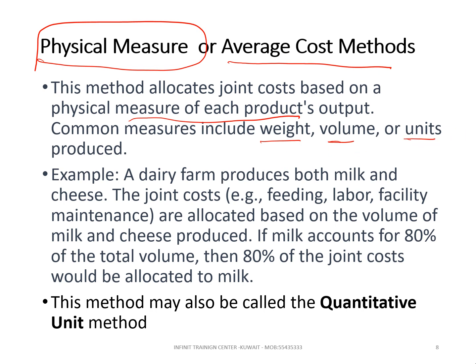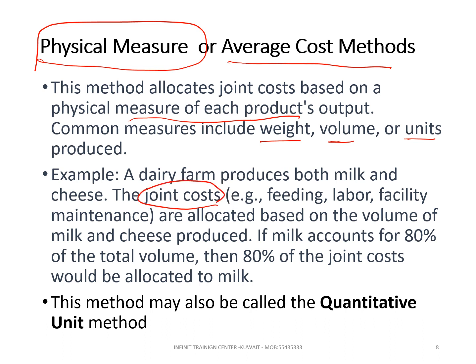So here we have an example. A dairy farm produces both milk and cheese, so they have some cost, right? That cost is incurred jointly. For example, feeding the cows, labor cost, facility maintenance, all this cost we call joint cost in this case.